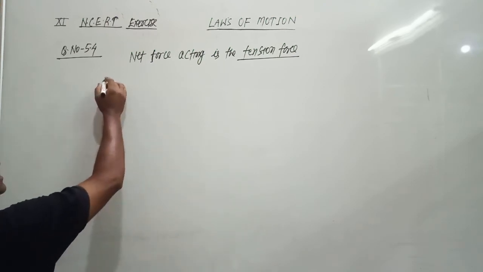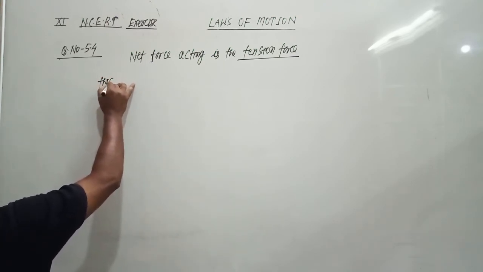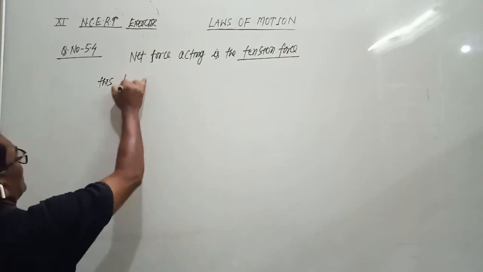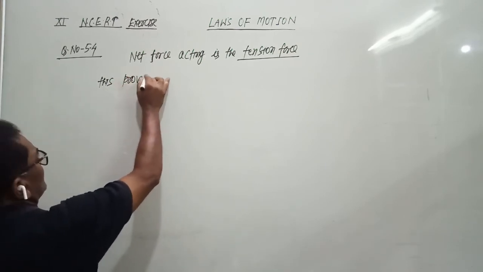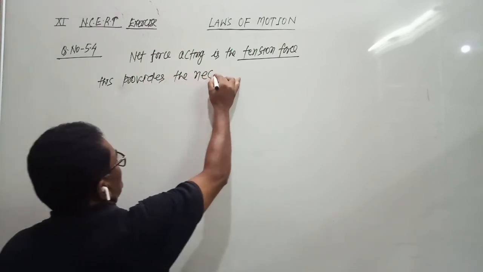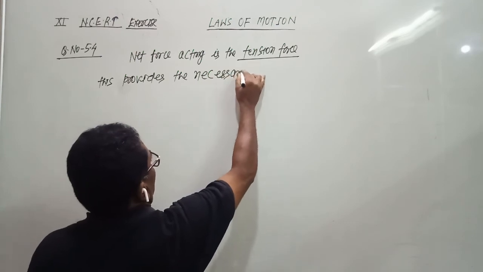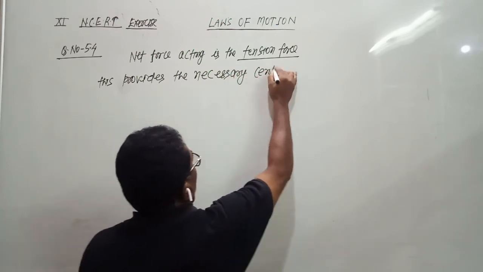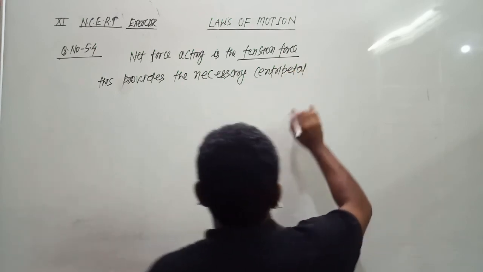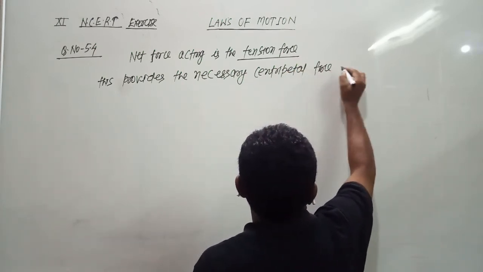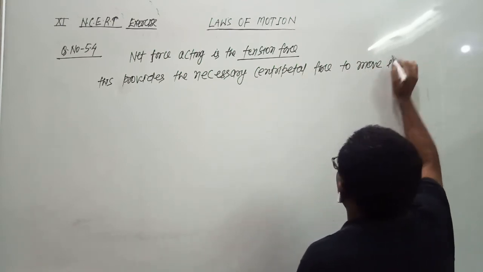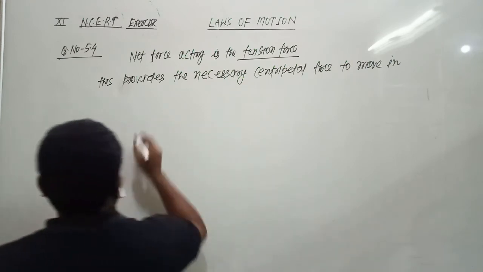The tension force provides the necessary centripetal force to move in a circular path.